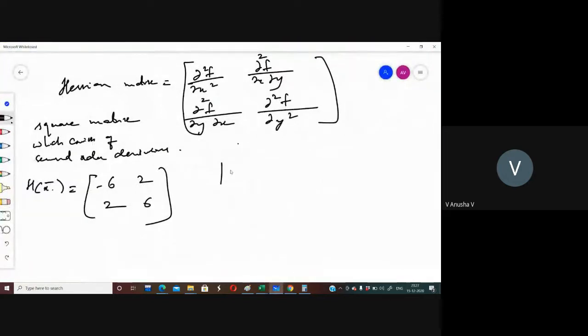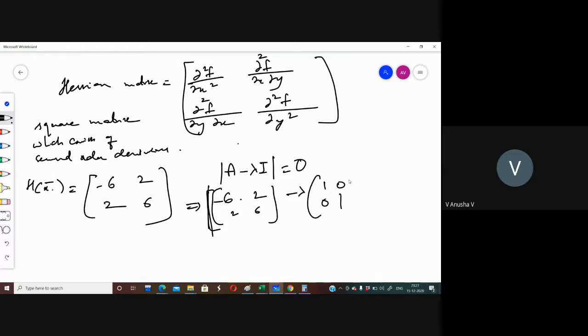You need to write A minus lambda I equals 0. So if I take this as A, I will be writing A as minus 6, 2, 2, 6 minus lambda into 1 0 0 1 equals 0. So I'm just substituting the values.